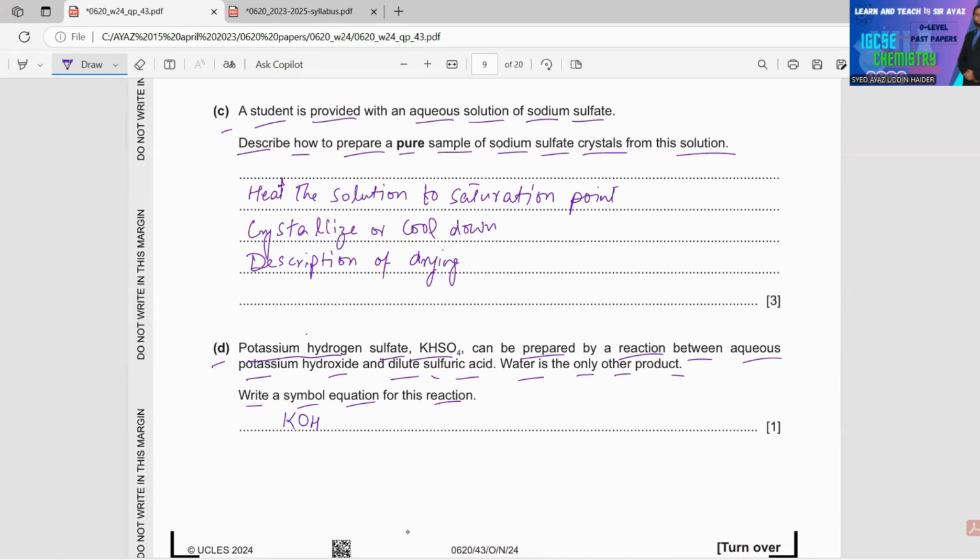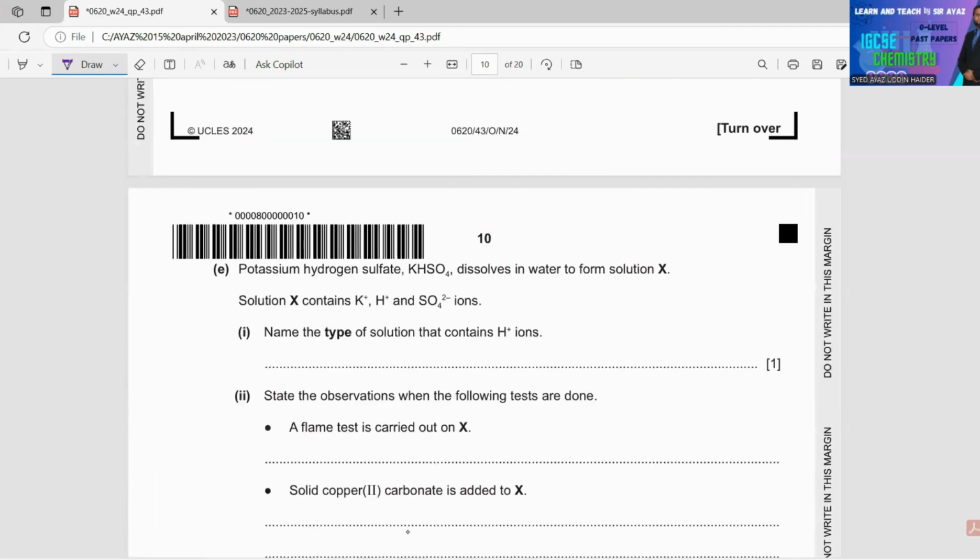That's why the formula must be KOH. Sulfuric acid is H2SO4. Now, one of the products is KHSO4. They have already given the formula. So you write KHSO4 plus H2O. This will be the final equation for this reaction.